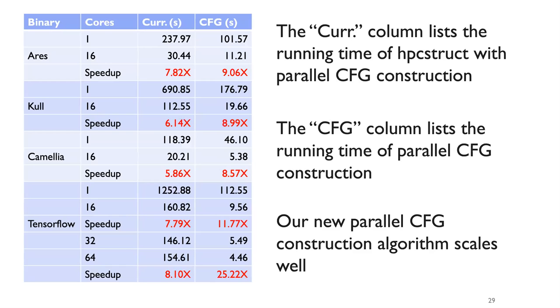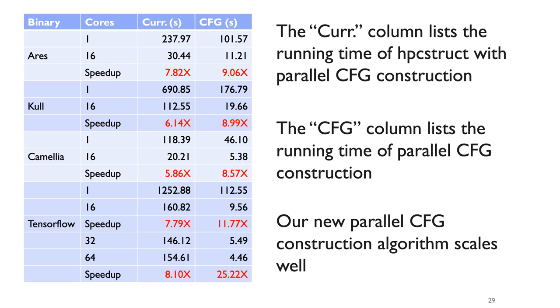Now let's look at results with parallel CFG construction. The current column lists the running time in seconds of HPCStruct with parallel CFG construction. It shows an end-to-end speedup of 6x to 8x, which is much higher compared to HPCStruct with serial CFG construction. The CFG column lists the running time in seconds of parallel CFG construction.